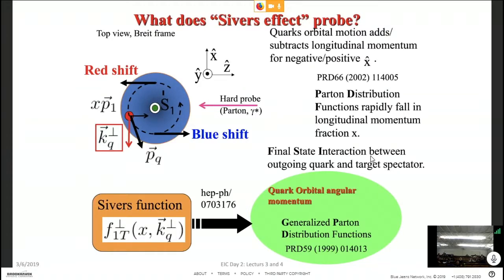This has now been incorporated formally into the theory of what we know of the proton structure. This is the initial state interaction, the initial state of the transverse motion of the quark, that is affecting what you see in the final observation. And that's why it is related to the orbital motion, or possible orbital motion, of quarks inside the proton.